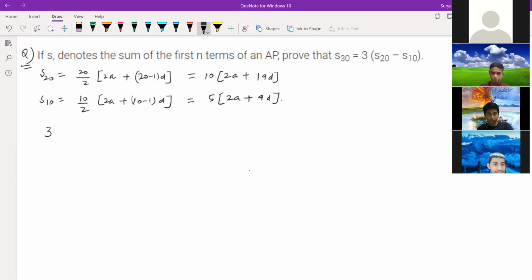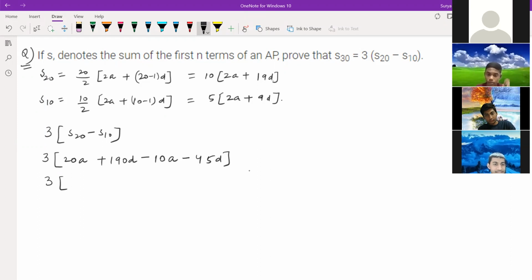Now 3 into (S20 minus S10). So we have to write here 3 into (20a, just multiply here, plus 190d, minus 10a, again minus 45d), correct?